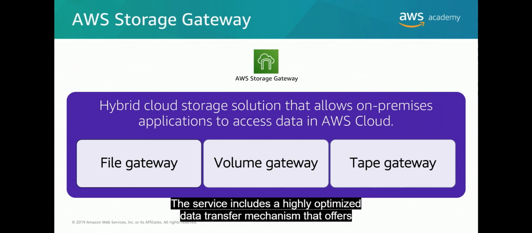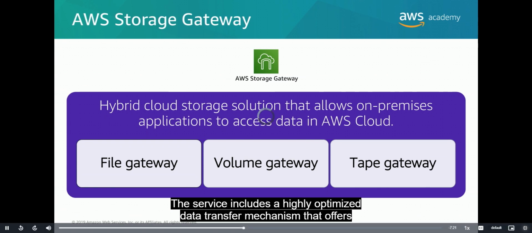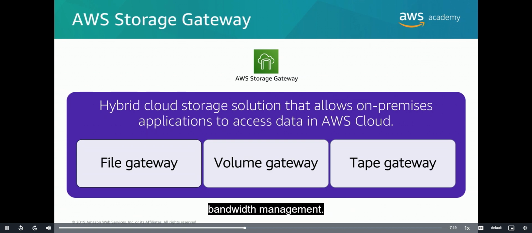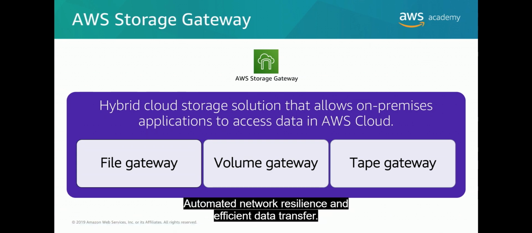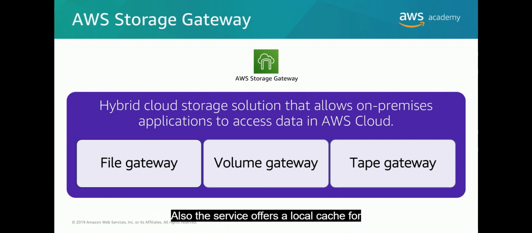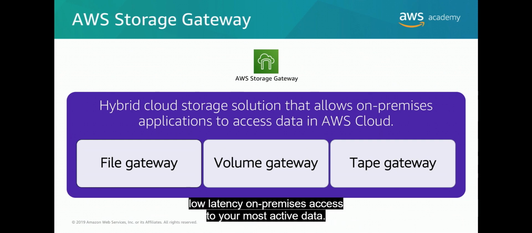The service includes a highly optimized data transfer mechanism that offers bandwidth management, automated network resilience, and efficient data transfer. Also, the service offers a local cache for low latency on-premises access to your most active data.